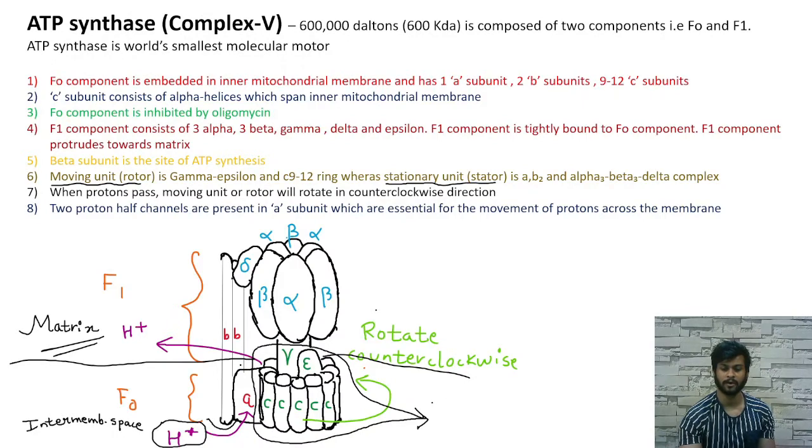So it is the moving unit, and all the rest of the things, A, B2, 3 subunits of alpha, 3 subunits of beta and delta, are the stationary unit. They will not participate in rotation.